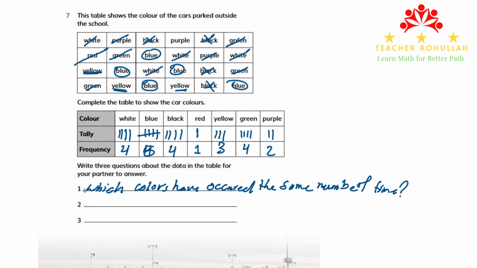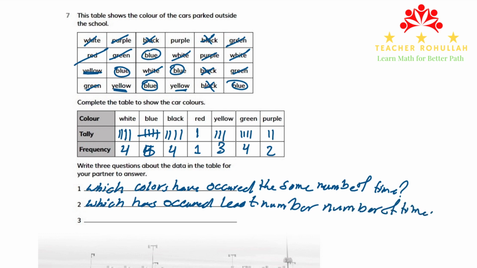In the second question that I am going to ask, which color has occurred least number of times? And what is the most popular color?